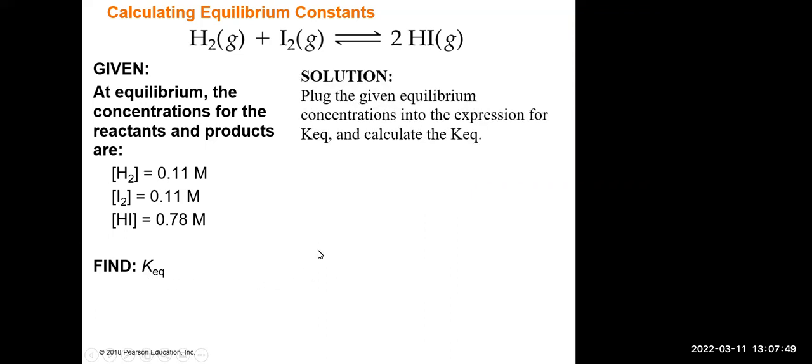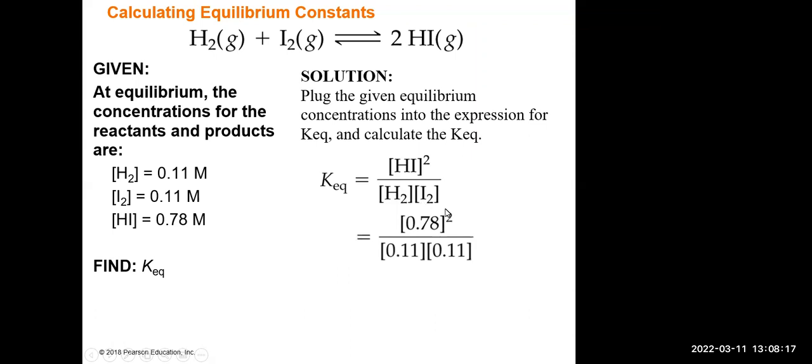You just write the equation first. What is the equation for this K sub EQ? As usual, we write the product on top and use the coefficient as the exponent. Here the coefficient is 2, so we use that 2 as the exponent. That is divided by the concentrations of the reactants. These two are both reactants, and we multiply them in the denominator. Now we have the equation, we just plug those numbers in.